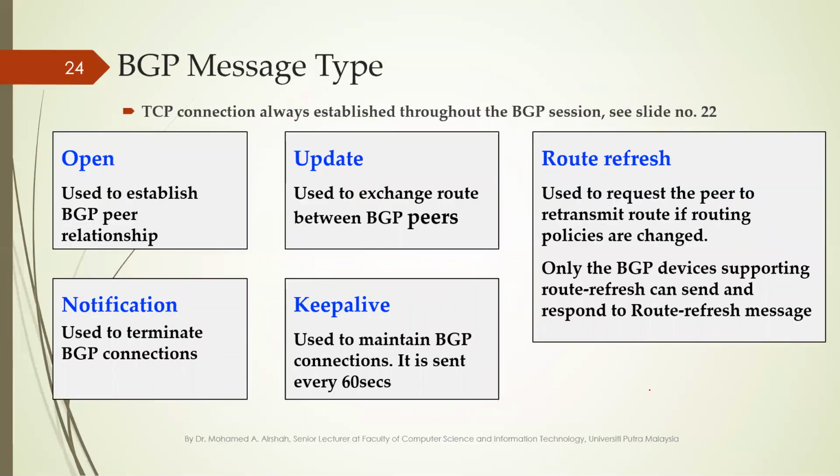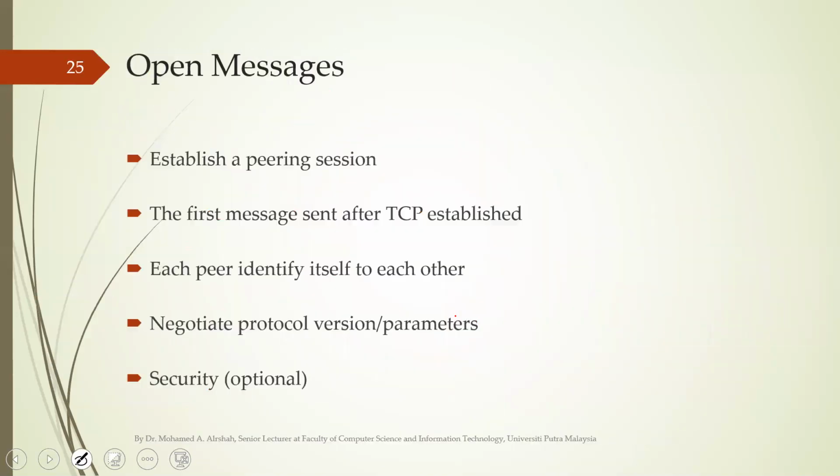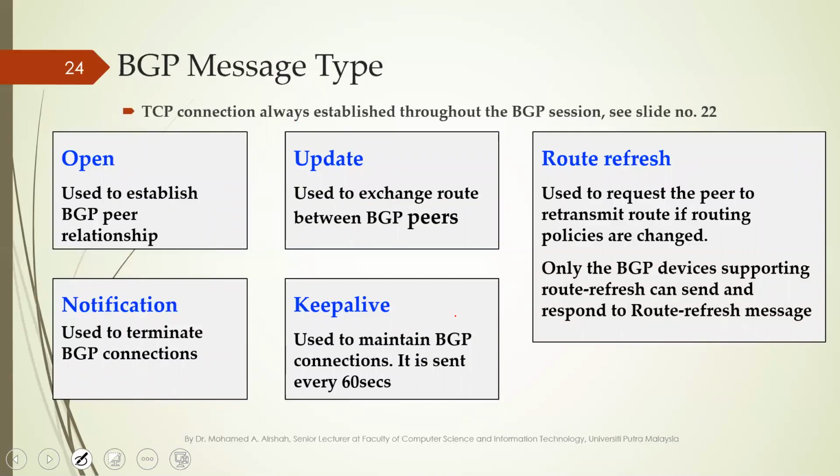Okay, BGP message types. A TCP connection is always established through the BGP session. See slide number 22. If you go back to slide 22, you can see all of this information. This is what they call eBGP open, and so on, related to this handshake.